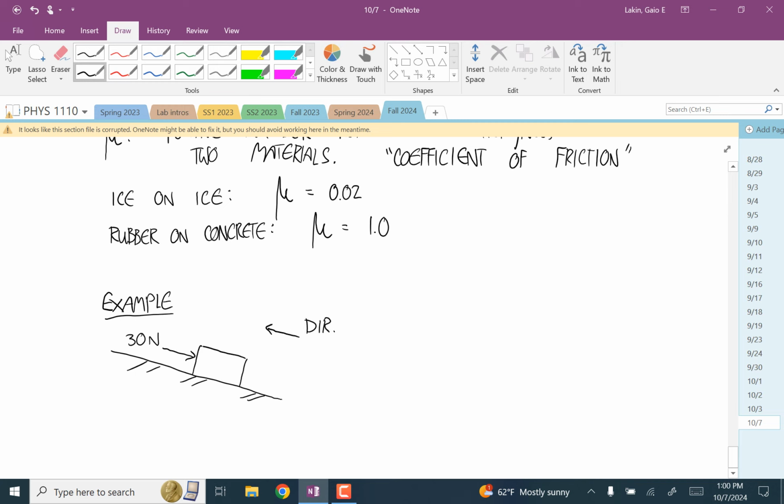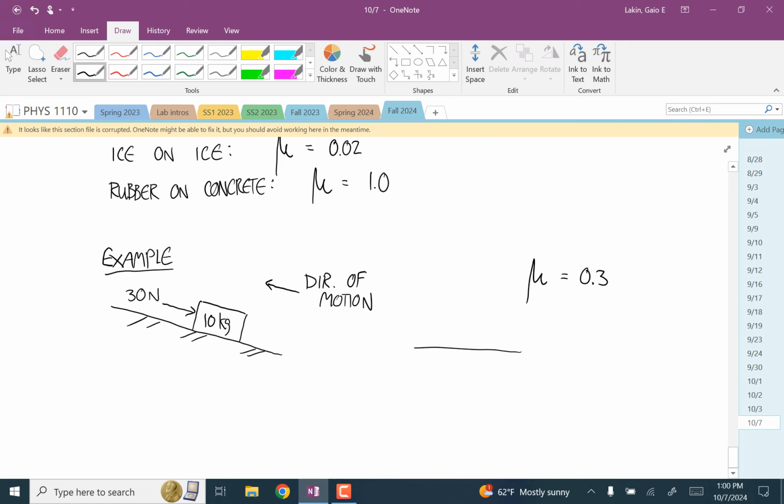So that's the direction of the velocity vector. And let's say this has a mass of 10 kilograms. And let's say that between the incline and the block, there's a coefficient of friction of 0.3. And we want to draw a free body diagram of this.